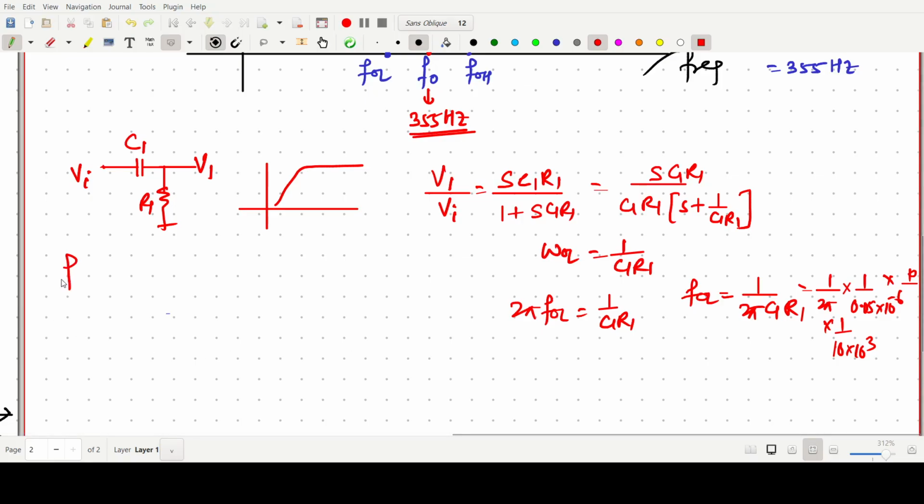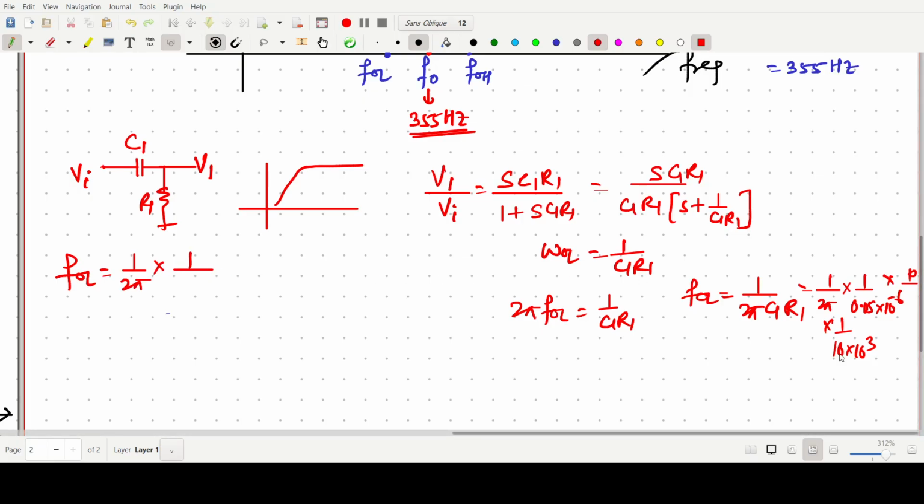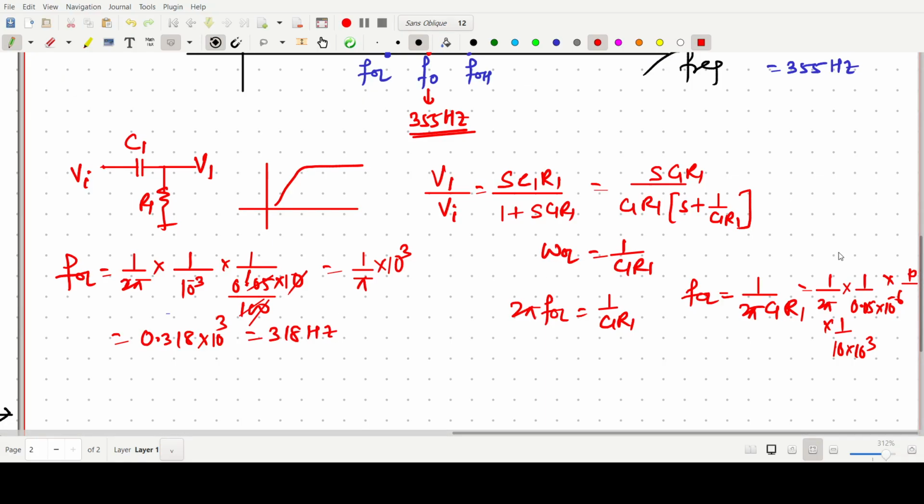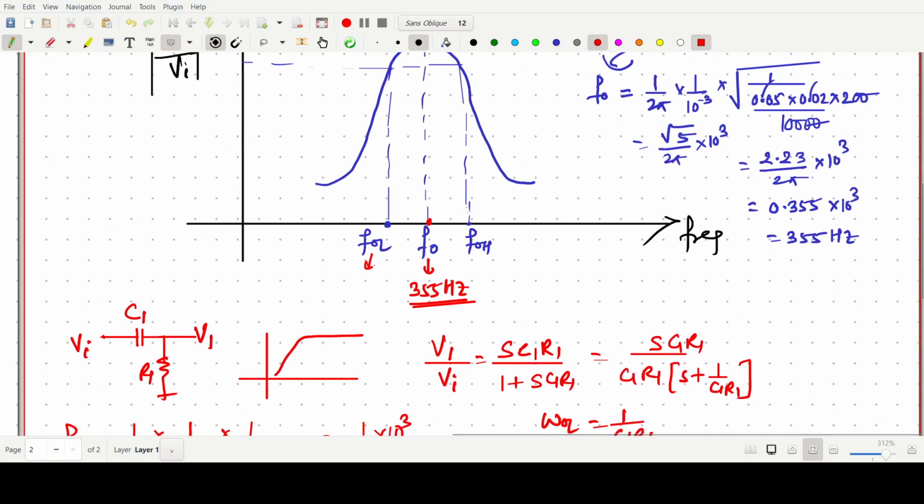So f naught L is 1 by 2 pi into 10 to the power minus 6 and 10 to the power 3, which is simply 10 to the power minus 3, into 0.05 into 10. If we remove the decimal, it is 1 by pi into 10 to the power 3. Then 1 by pi is 0.318 into 10 to the power 3, which means 318 hertz. So f naught L will be our 318 hertz.